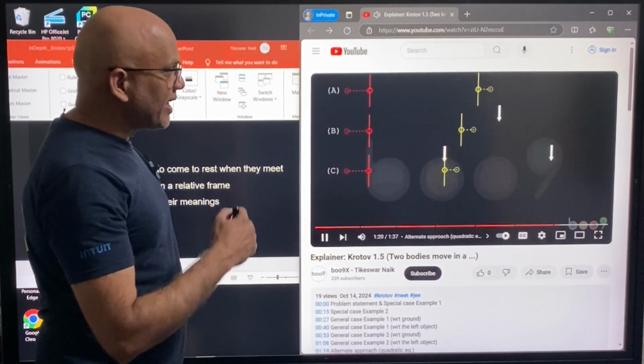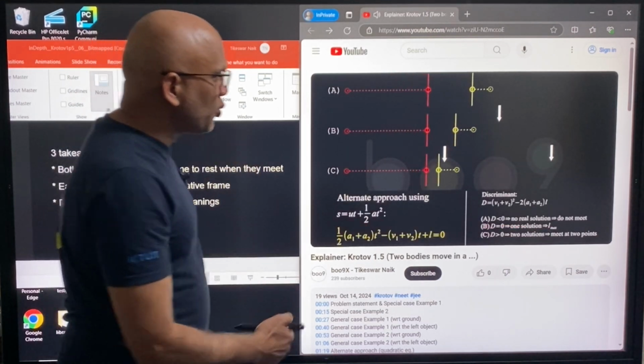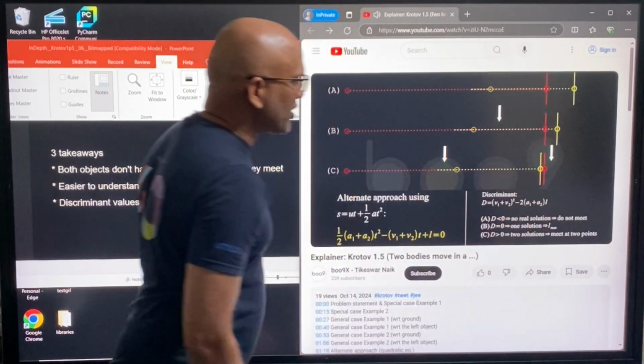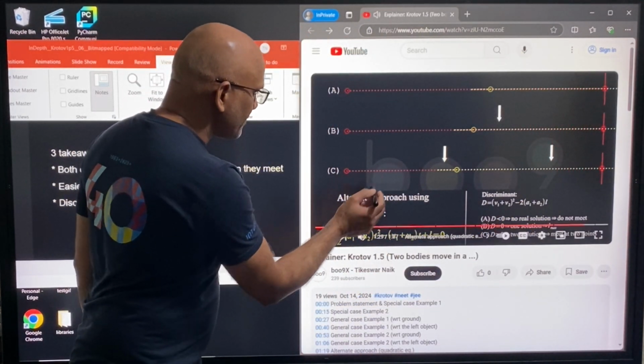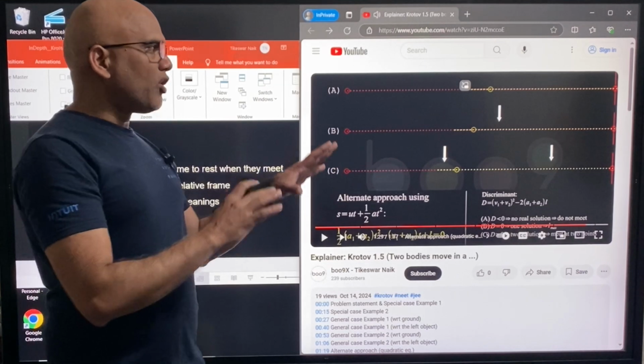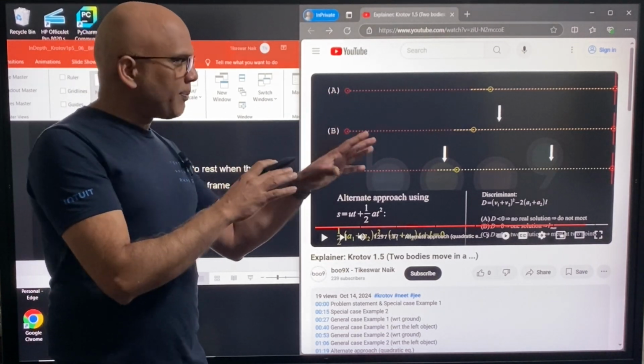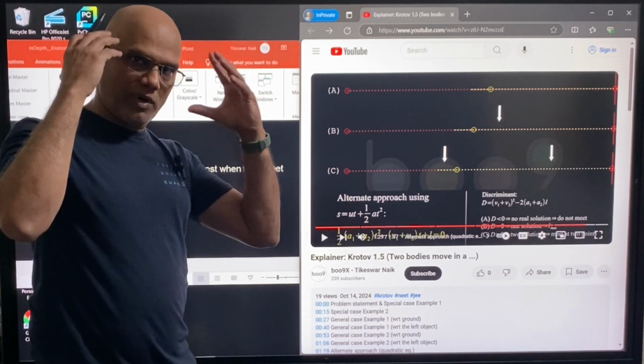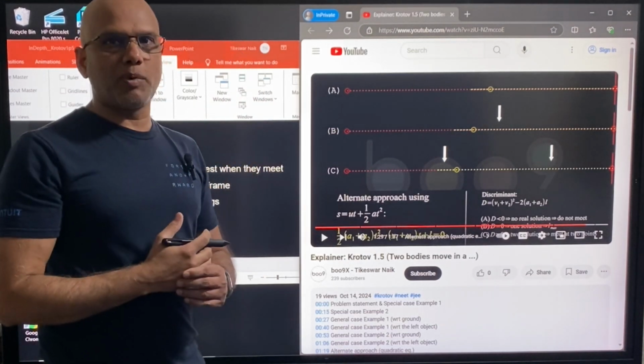And when the discriminant is greater than 0, there are going to be two solutions. They meet one time here and they again meet another time there. So this video is already uploaded on YouTube. Feel free to play this video in slow motion and get a more comprehensive visual grasp of this problem.